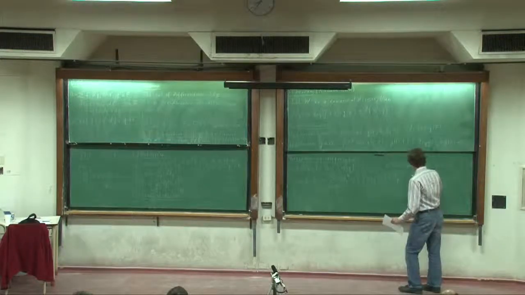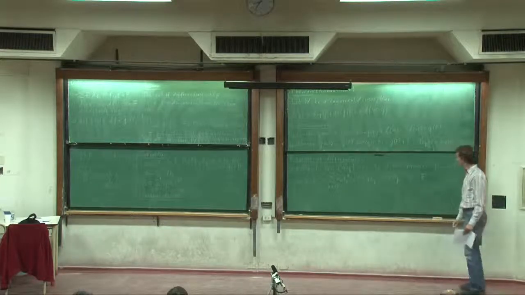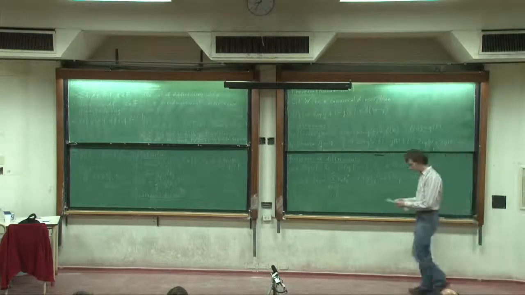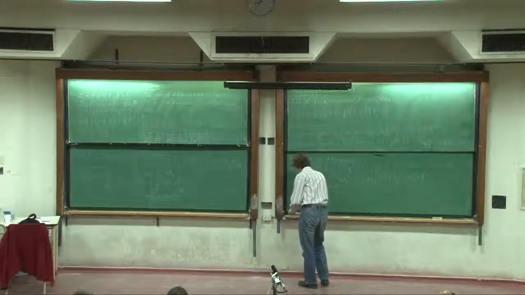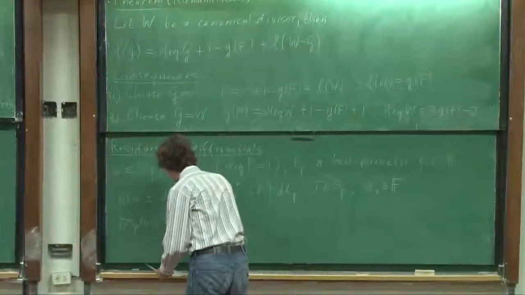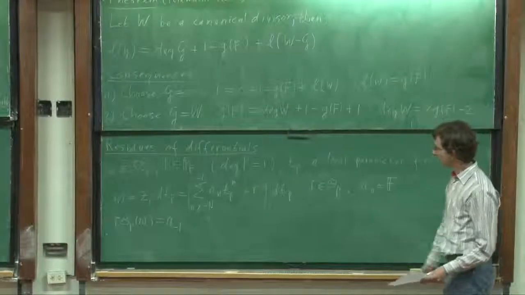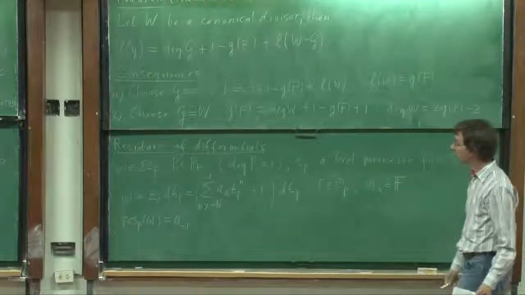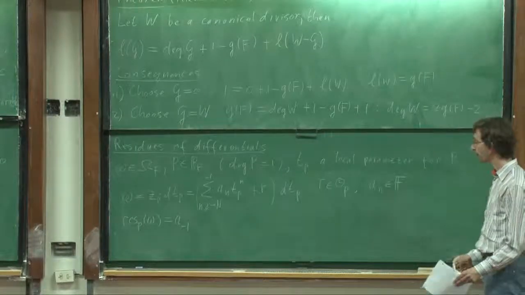And these a_n are going to be in the constant field. And then what you can define is the residue at P of this differential is a_{-1}. That is the residue. We take the coefficient of t_P to the power minus 1.